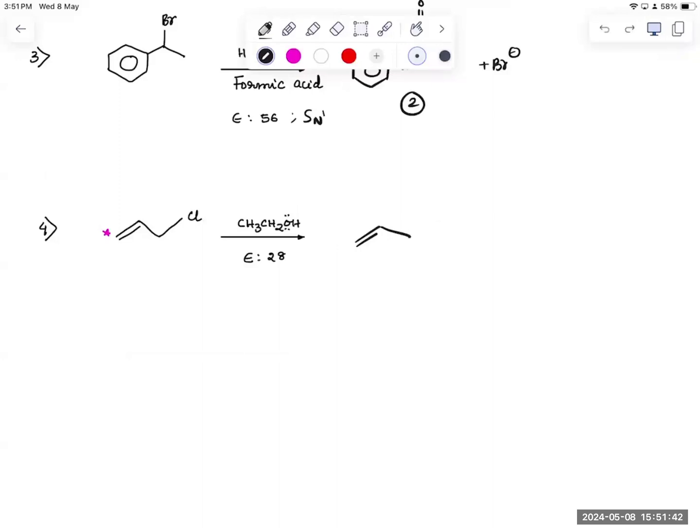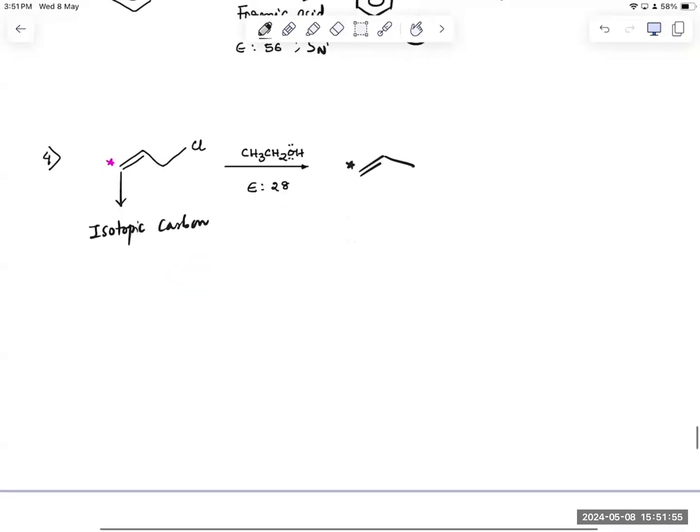Sorry, allylic position. This is where the isotopic carbon is. Now this carbon, let us say we call it an isotopic carbon. If it is an isotopic carbon, I know that the carbocation which is formed here will undergo resonance stabilization to get the carbocation here. And the chances of both are 50-50 percentage. So this is also 50 percentage, this is also 50 percentage.